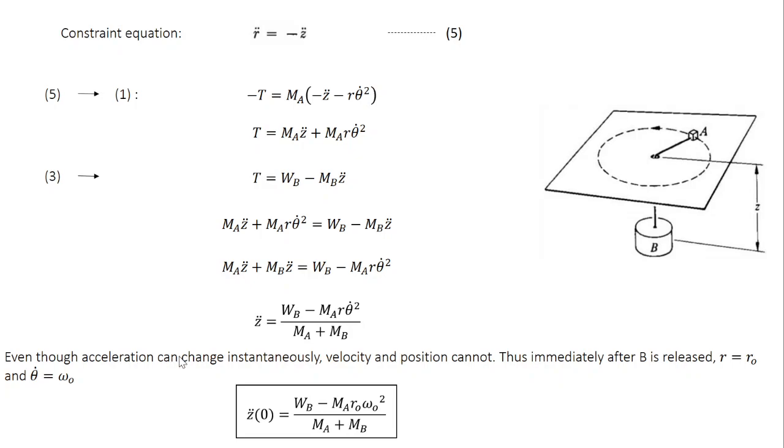So even though the acceleration changes instantaneously, the velocity and position do not change. Immediately after the object B is released, R is still R naught and theta dot is still omega naught. So the acceleration at time t equal to 0, Z double dot 0, is WB minus MA, instead of R I have R naught, instead of theta dot square I have omega naught square, divided by MA plus MB.